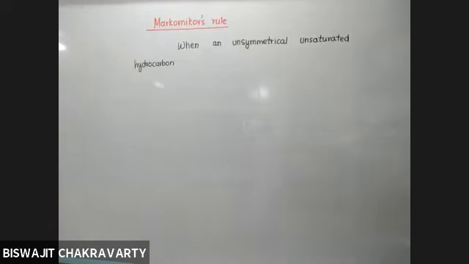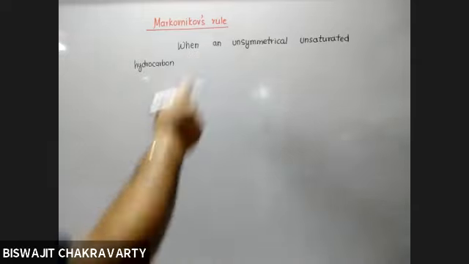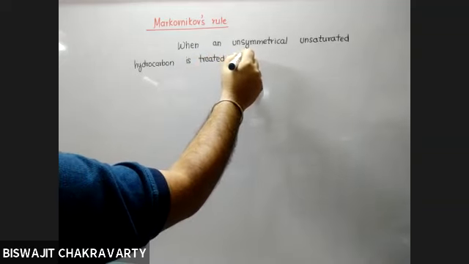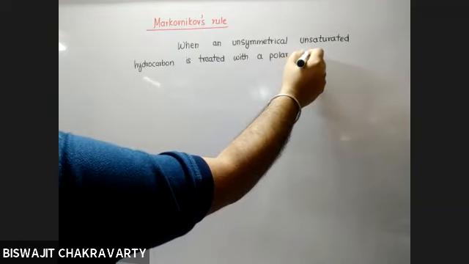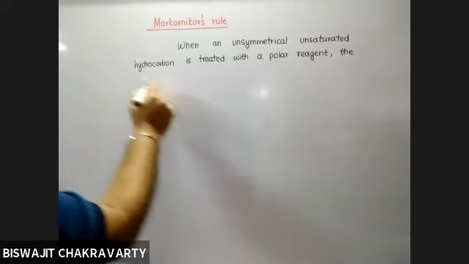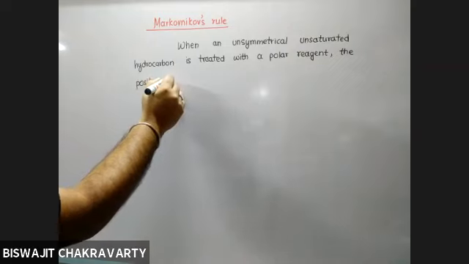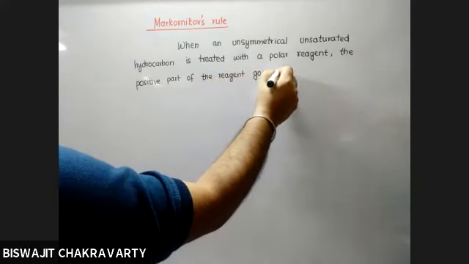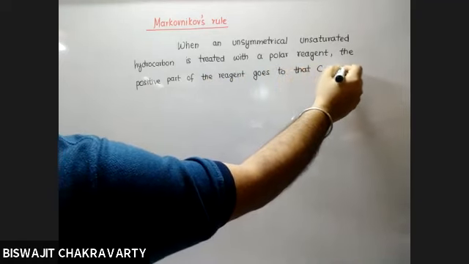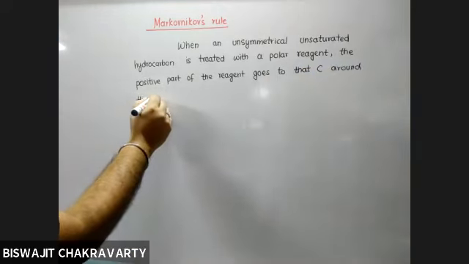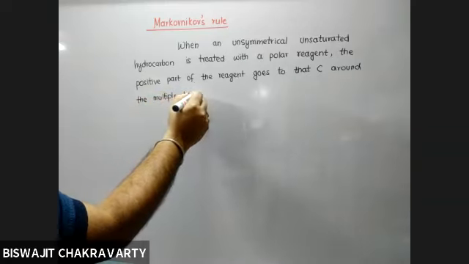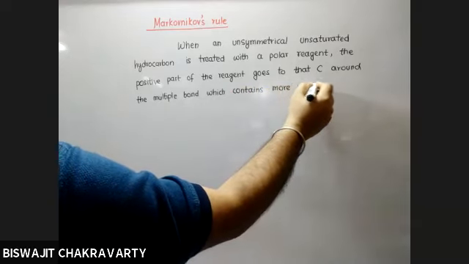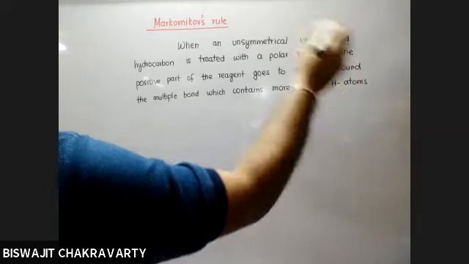Alkenes and alkynes, which have pi bonds in them, C double bond C or C triple bond C. When an unsymmetrical unsaturated hydrocarbon is treated with a polar reagent, the positive part of the reagent goes to that carbon around the multiple bond which contains more number of hydrogen atoms. This is Markovnikov's rule.